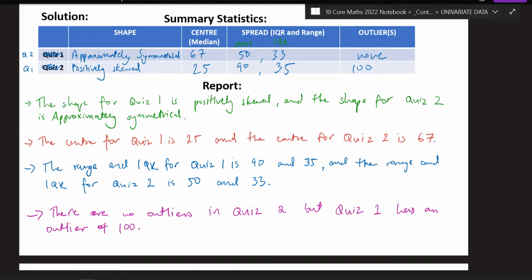So I'm going to underline that. You've got to make sure you put the numbers in. For example, the numbers in the medians, make sure you state them. Or the numbers for the range, make sure you state them as well. Or if there's any outliers, don't just say there is an outlier. Tell me what the actual outlier is. Really, really important when you do these reports.